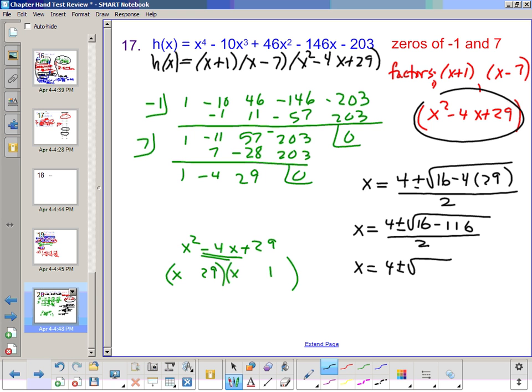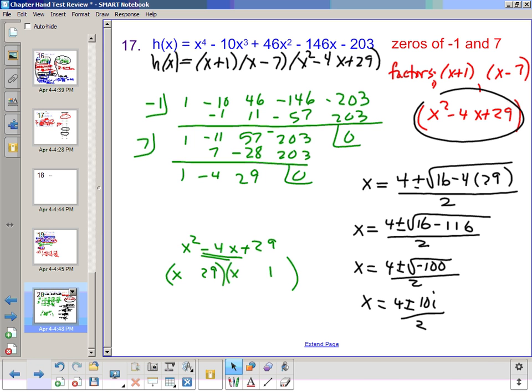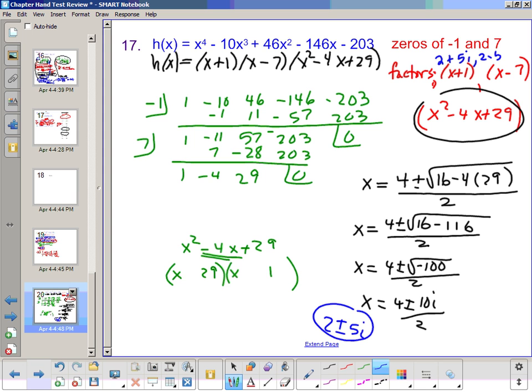So x equals 4 plus or minus the square root of negative 100 over 2. So that would be 4 plus or minus 10i over 2. So the last two zeros are 2 plus or minus 5i. I'm just going to go up here: 2 plus 5i, 2 minus 5i. There are all of the zeros.